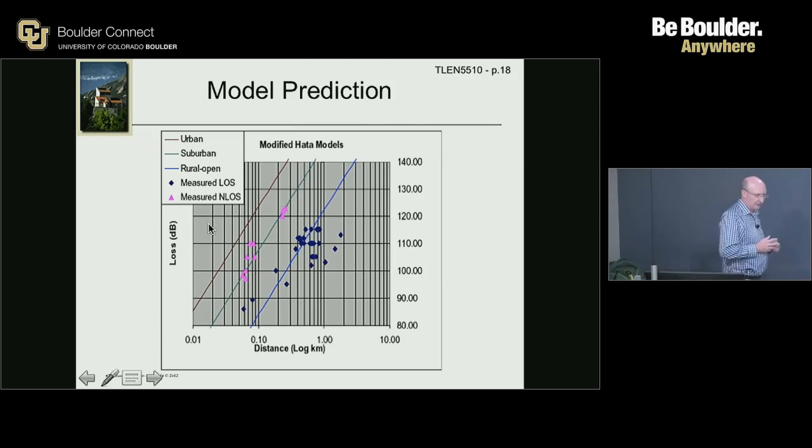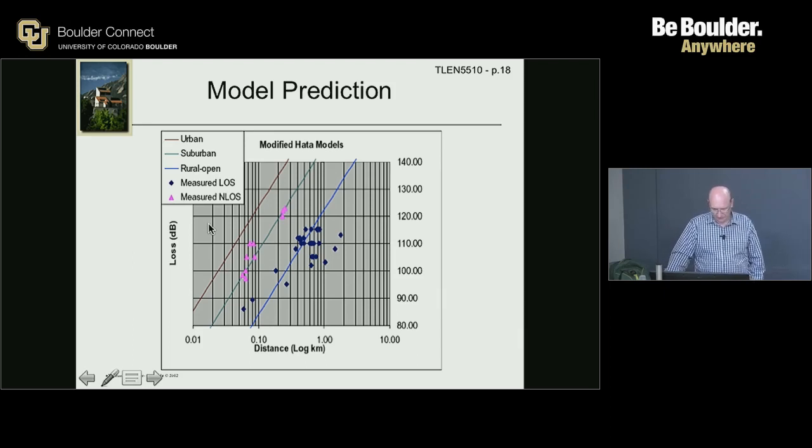To answer the question, how do we come up with those models? This is what usually happens. People make measurements and then do a couple of things. Compare them to existing models or just do a linear regression and come up with their own models. It's simple, right?